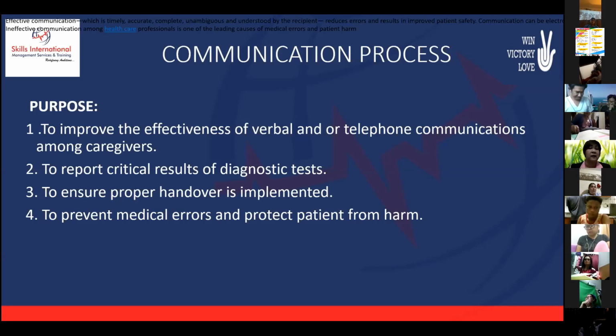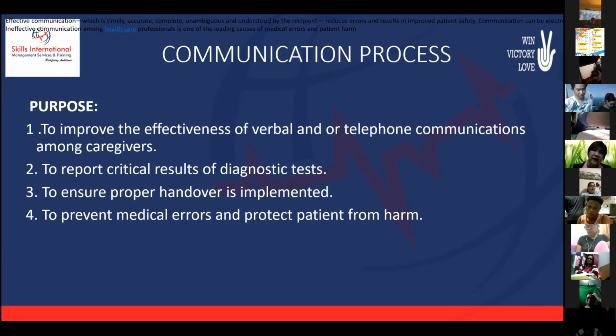Just imagine if you are in a healthcare setting with your patients, now you are going to hand over. Handover means handing over your patients to another individual, the receiving individual.